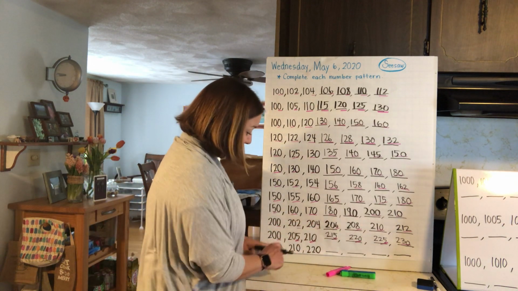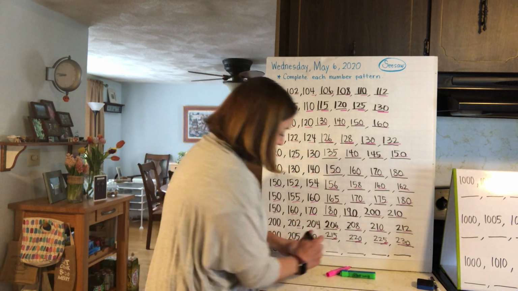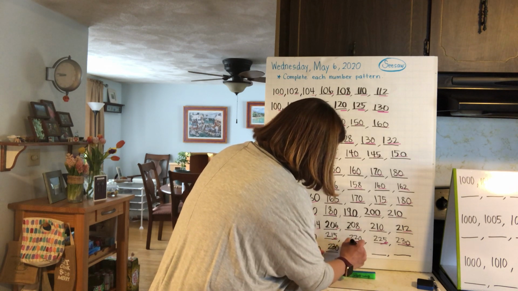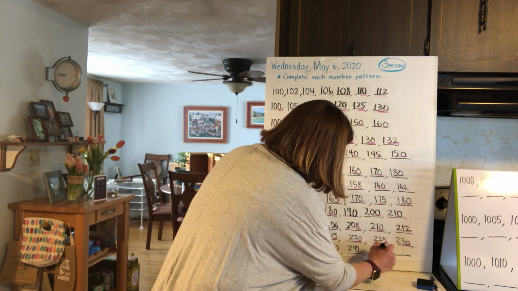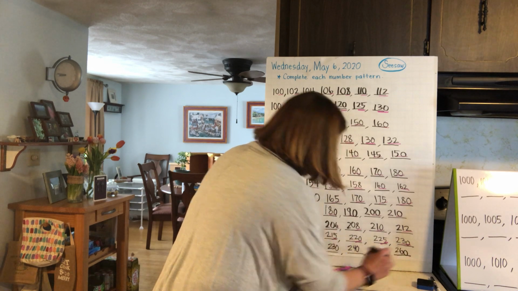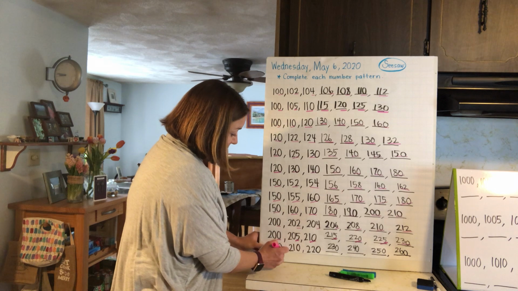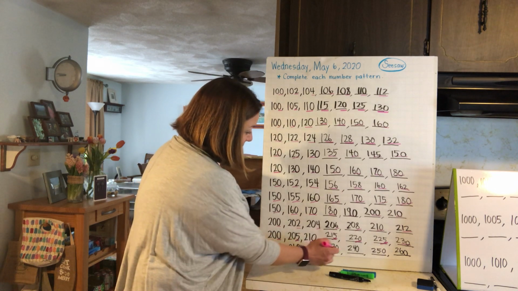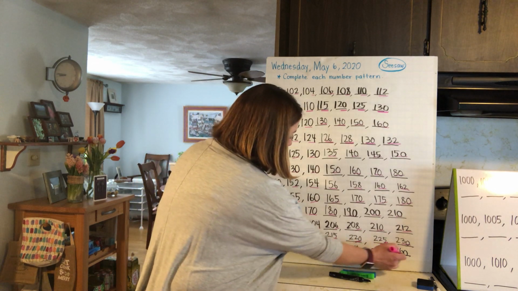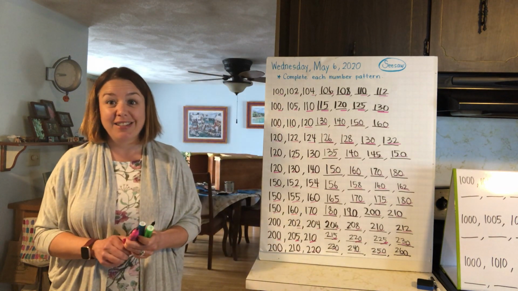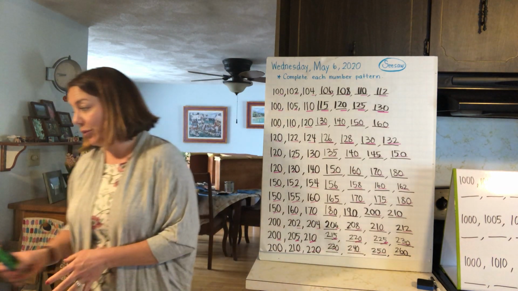You're right. 200, 210, 220, 230, 240, 250, 260. So again, if I'm counting by tens, I hear 0, 10, 20, 30, 40, 50, 60. Did you get all those patterns, guys? Well, don't go away because I have a challenge for you.